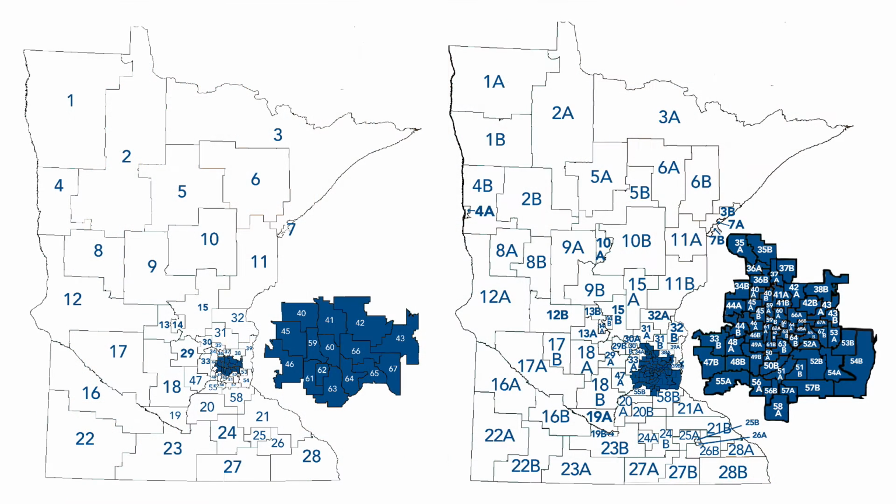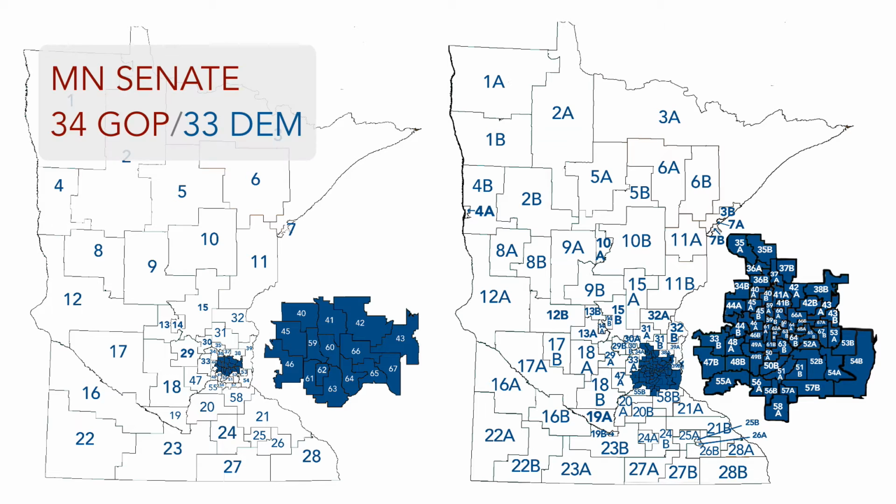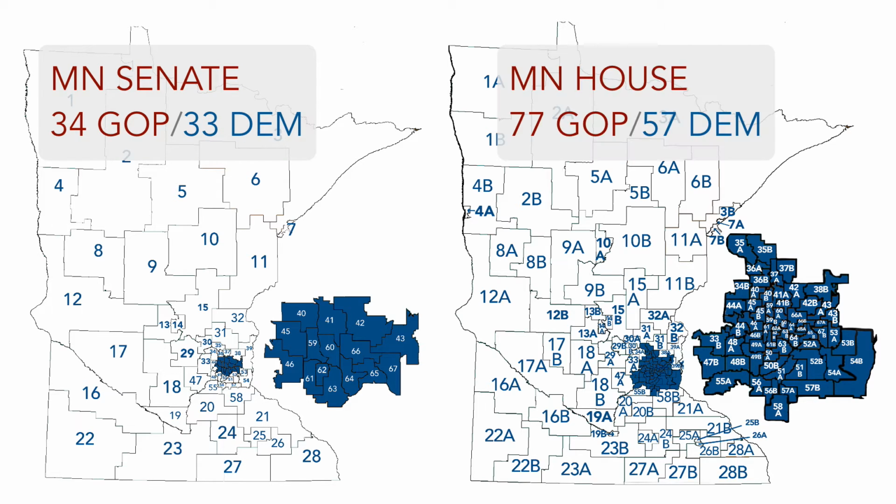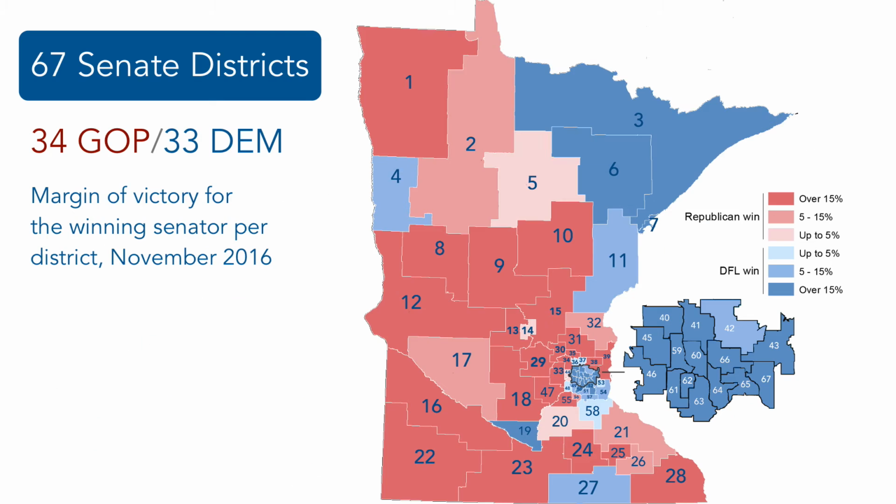So let's take a look at where things are at right now in the state legislature in Minnesota. We have 34 Republican senators and 33 Democrats, and we have 77 Republican representatives and 57 Democrat representatives. So let's see what this looks like throughout the state. We're looking at a map that shows the margin of victory the last time there was a Senate election, which was 2016.